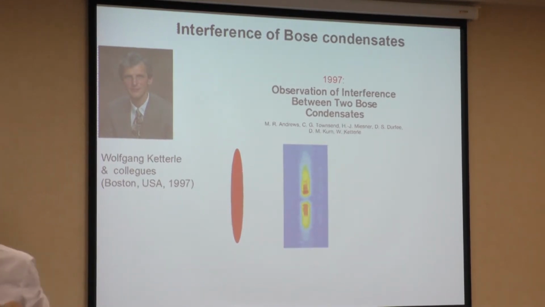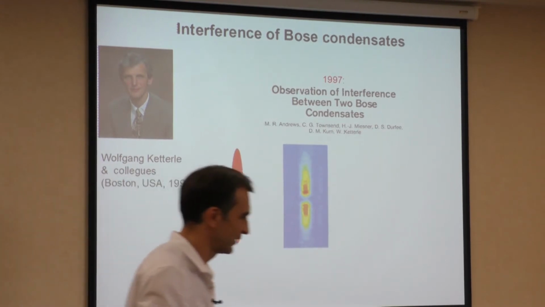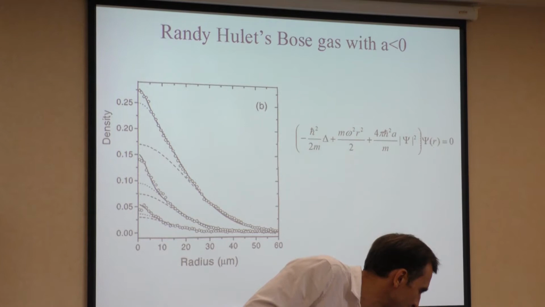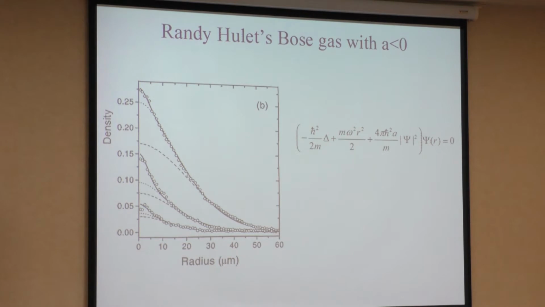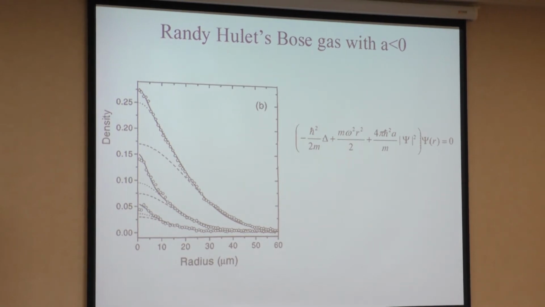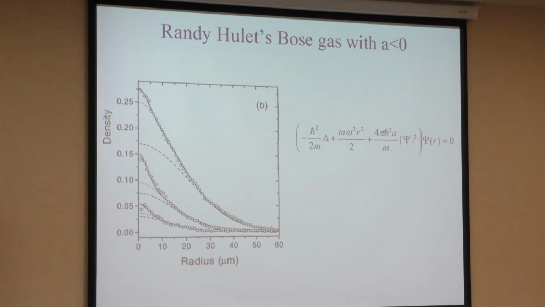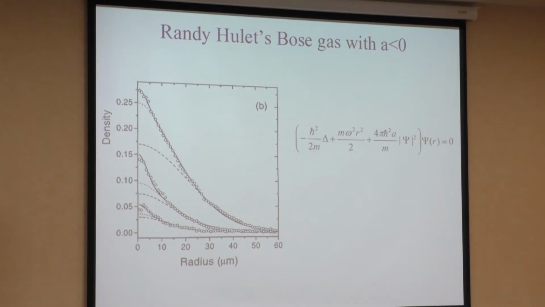There was also the second Bose-Einstein condensate in history, which was produced by the group in Texas led by Randy Hulet. And this was a Bose-Einstein condensate with a negative scattering length. If you recall Bogolyubov's theory of Bose-Einstein condensation, maybe you know that Bogolyubov was also considering a positive scattering length.